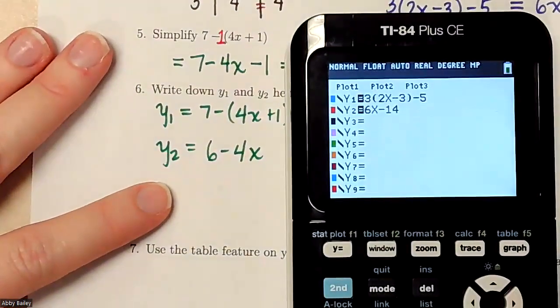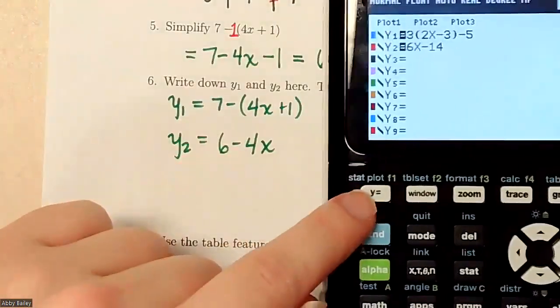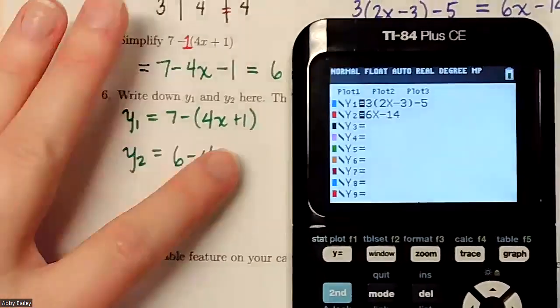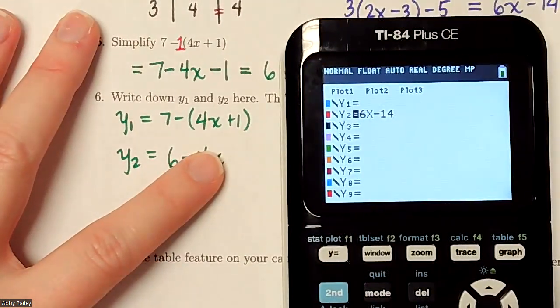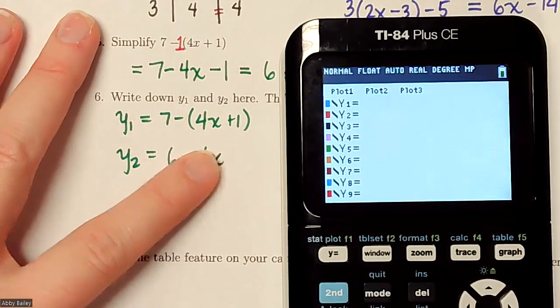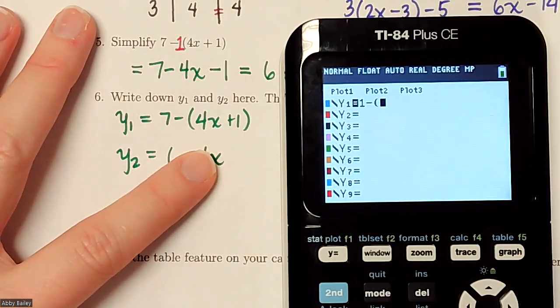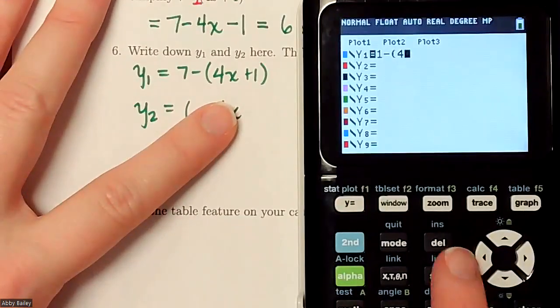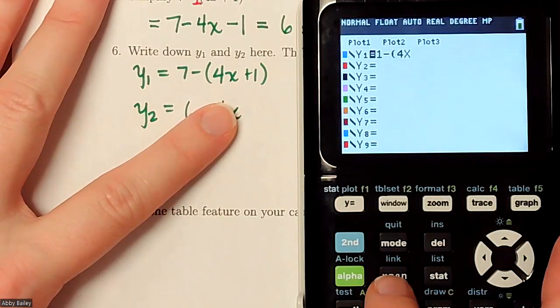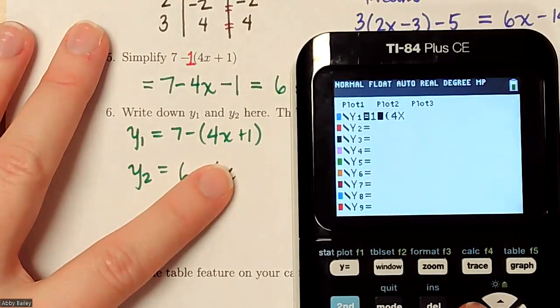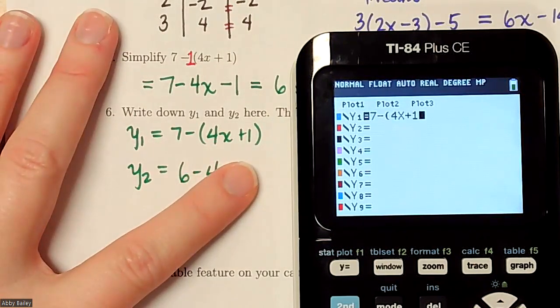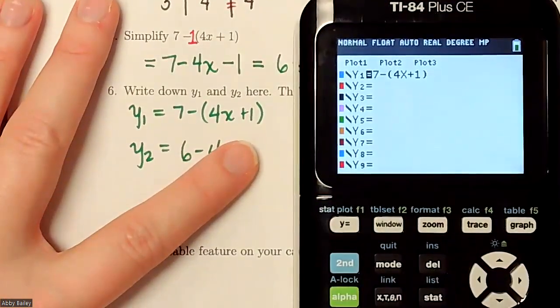Y equals, so just so you're crystal clear, I went Y equals. Clear. 7 minus 4, and don't forget that the X is right here. I put 7 minus 4x plus 1. Got it.